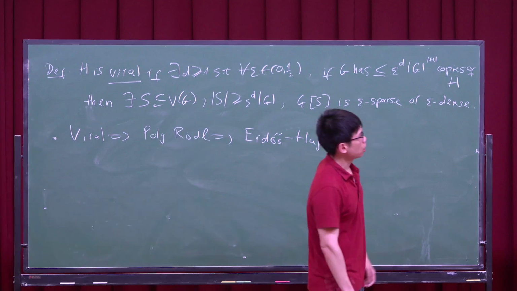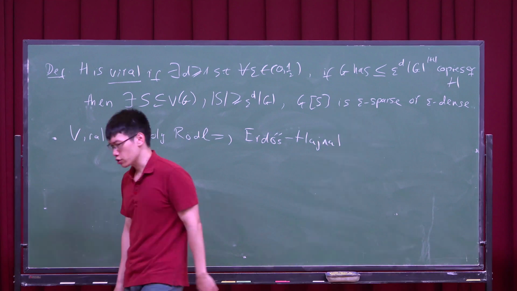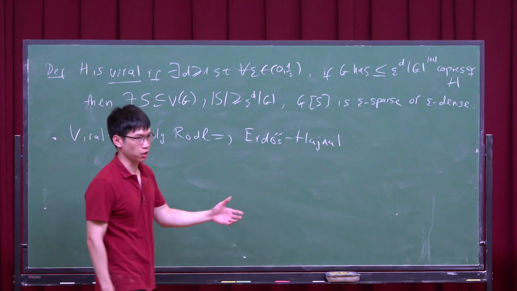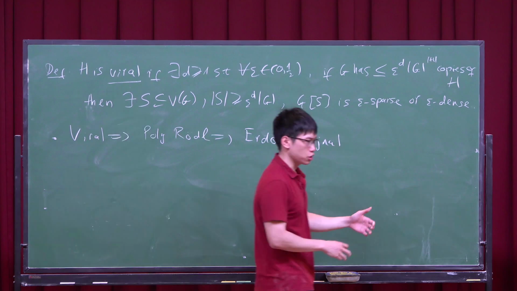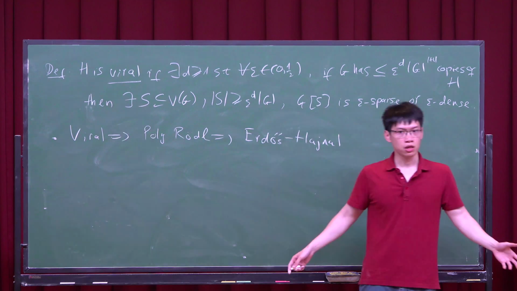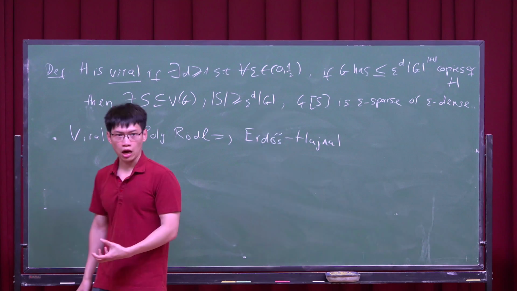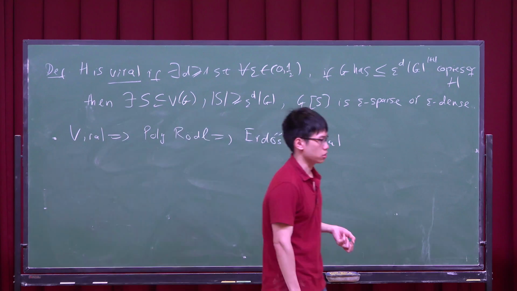Erdős-Hajnal says if you exclude some graph H, then you're going to see a large clique or independent set. And actually, this says a lot about the host graph G, right? Because we're trying to impose some local condition on G, and now we get something back about the size of the largest clique or independent set in G.